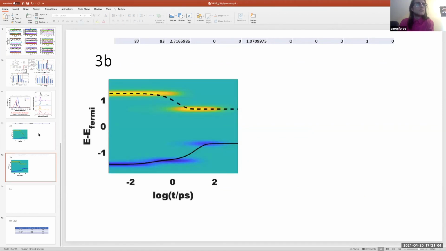I guess I don't really have any more to say about them, because I was just looking to see if there was anything interesting from going through the dynamics and comparing hot carrier cooling rates between the models.